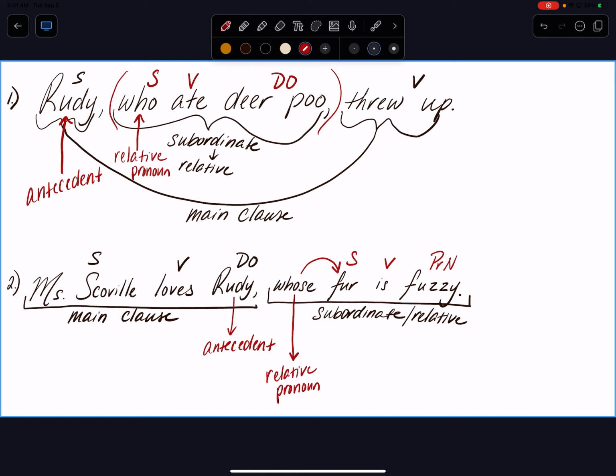I have a question. Mm-hmm. Fuzzy, is that a predicate adjective? I put PRN as in predicate nominative because I'm in Latin brain, but it is technically a predicate adjective. But in Latin grammar, it's always going to be a predicate nominative, if it's something equals. Yeah, because you could say the woman is a teacher, right?